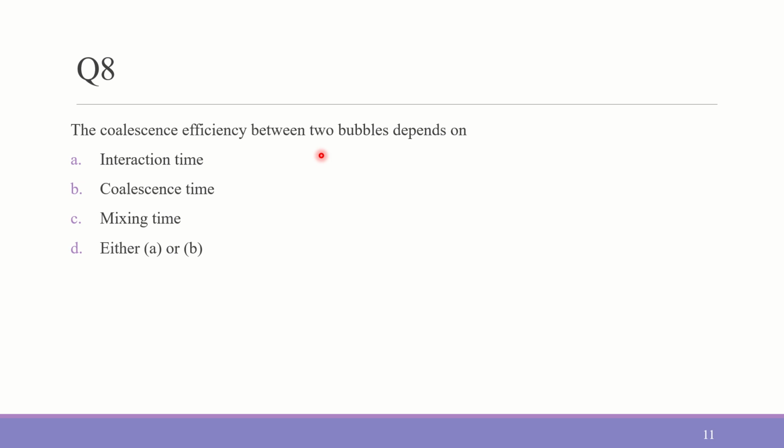So it is both A and B. The coalescence efficiency between two bubbles depends on coalescence time and interaction time. Interaction time is the time the bubbles are in contact with each other, whereas coalescence time is the time taken for the bubbles to coalesce. So that is the difference.